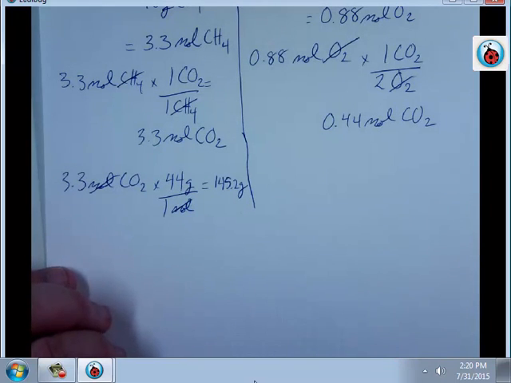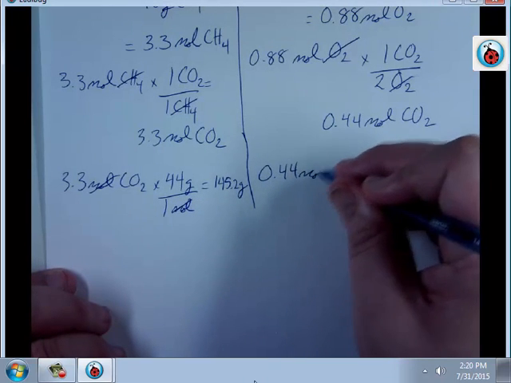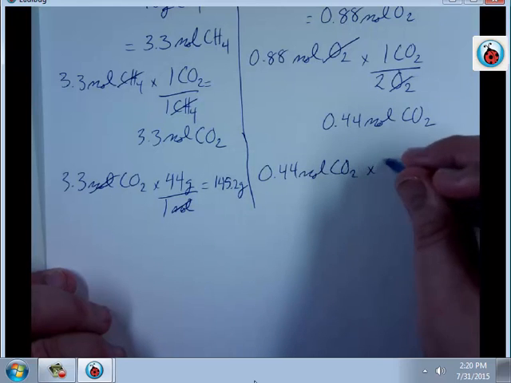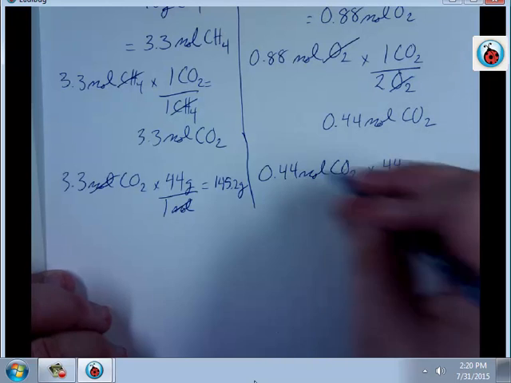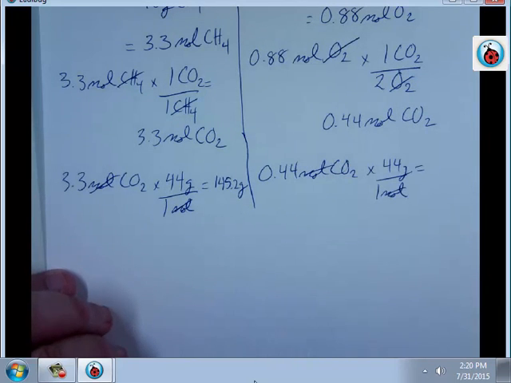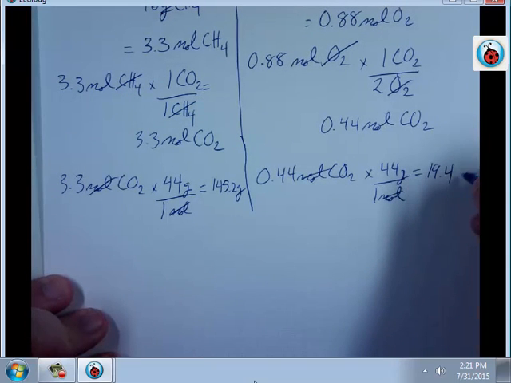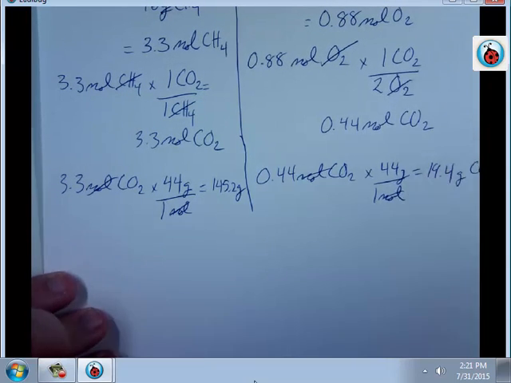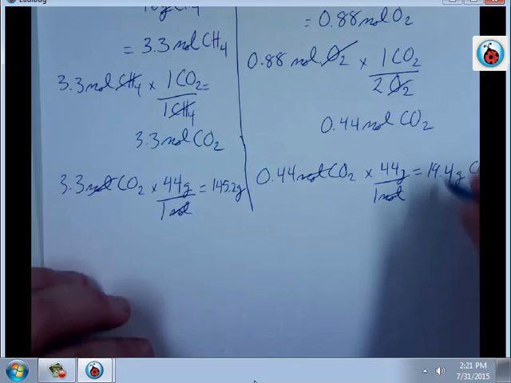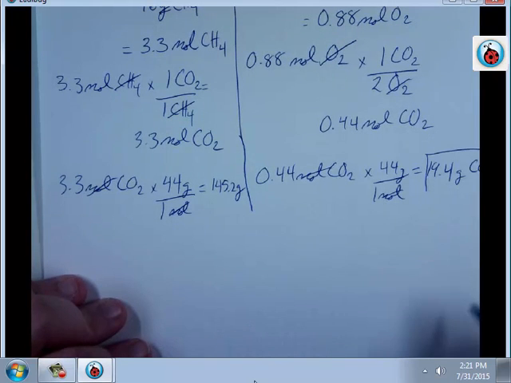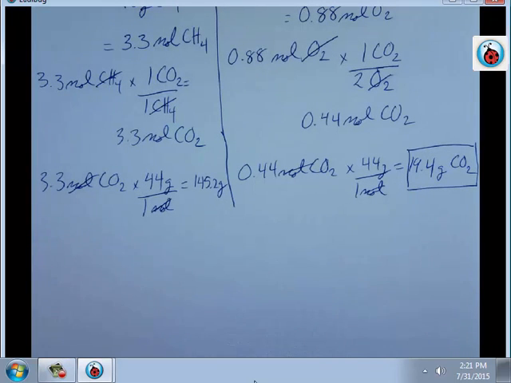And over here, 0.44 moles of CO2 times 44 grams for every 1 mole, and I end up with 19.4 grams of CO2, which means there's my mass of CO2.